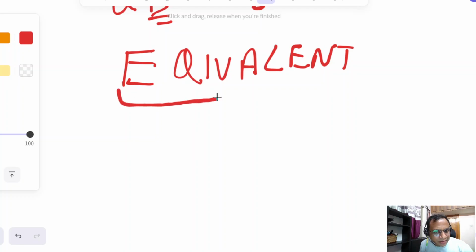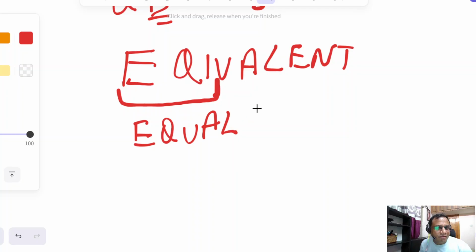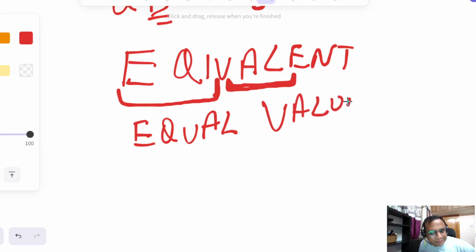Equivalent: equal comes from equal, and val means value. So the fractions which have equal value are equivalent fractions. The word itself is very self-explanatory, right? EQ from equal, VAL from value, and that's how they become equivalent fractions.